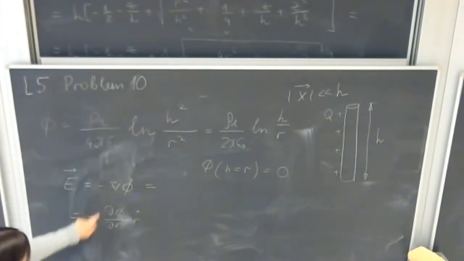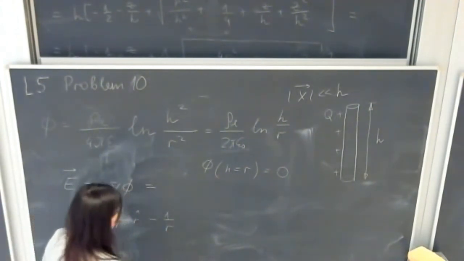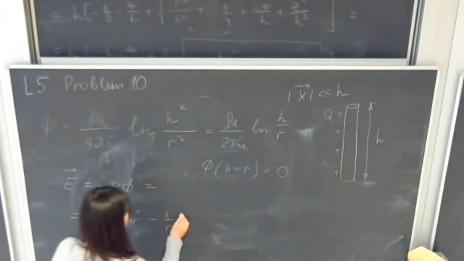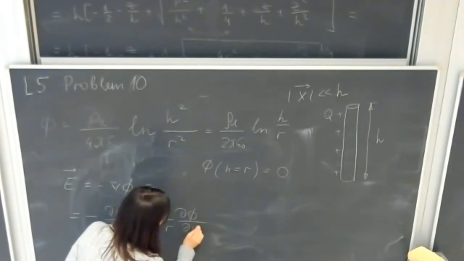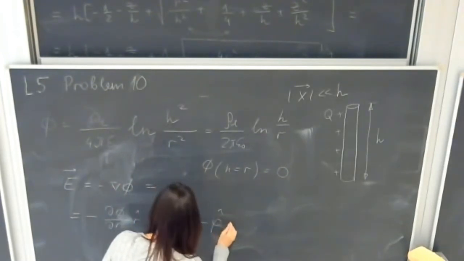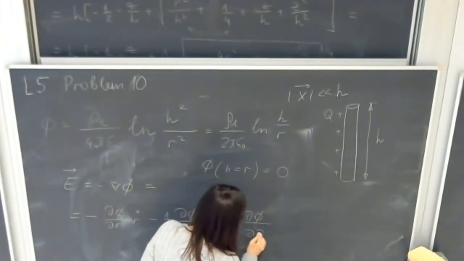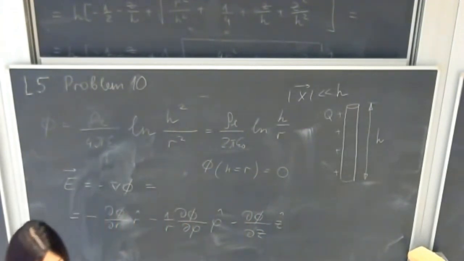Minus 1 divided by R, this is by R, now it's by phi: the derivative of the potential by the phi angle in the phi direction, and minus the derivative by dz in that direction, right?